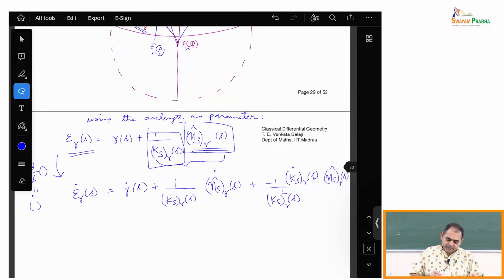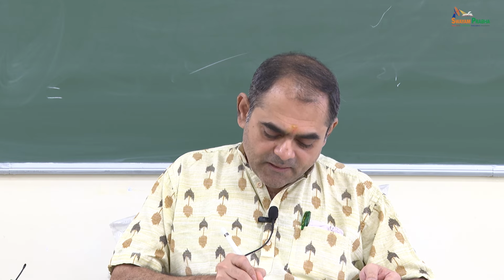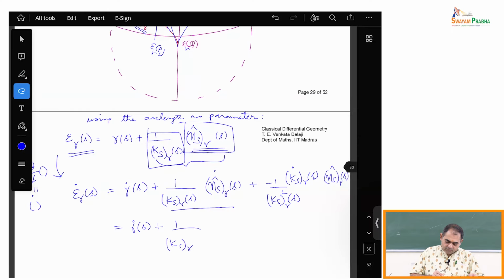But now, because I have used arc length as a parameterization, I can apply Frenet's formulas. So I can write what n dot is. t dot is kn and n dot is minus kt. So this term will become gamma dot of s plus 1 by ks sub gamma of s, and this fellow is going to be minus ks sub gamma of s into t cap sub gamma of s, by Frenet's formulas.